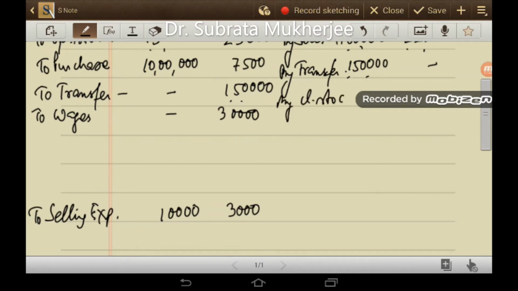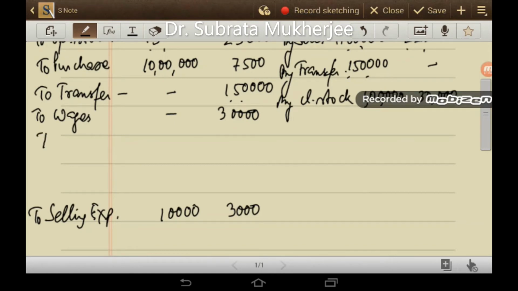So by closing stock, 1 lakh and 30,000. 1 lakh is the closing stock of sawmill department and 30,000 the closing stock of the furniture department.